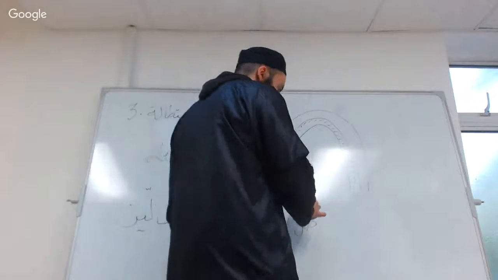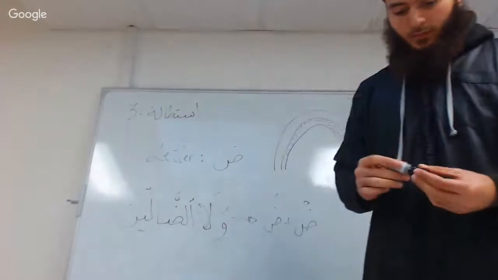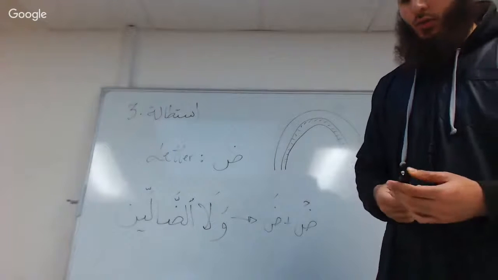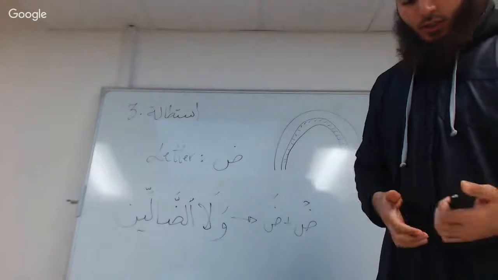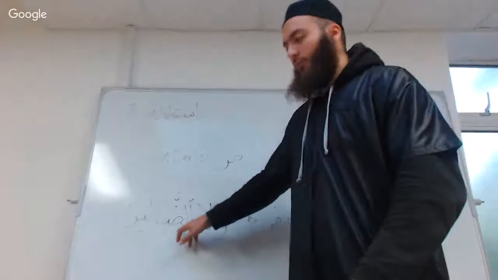So this is why the istitala is incredibly pronounced in this word in Fatiha, which is often where most of a student's effort should be to master istitala, should be in that word in Fatiha.